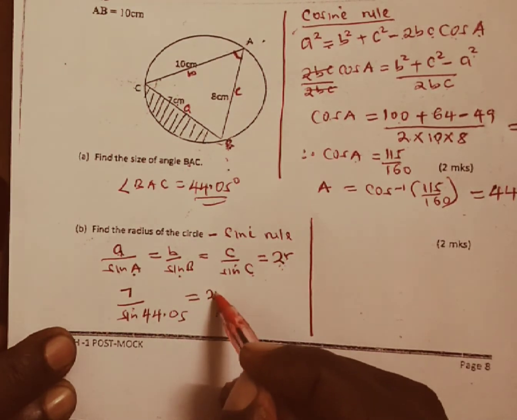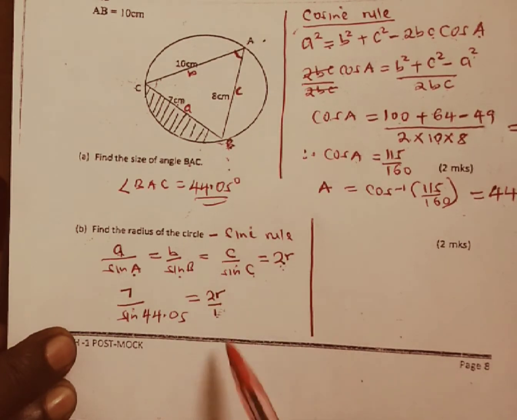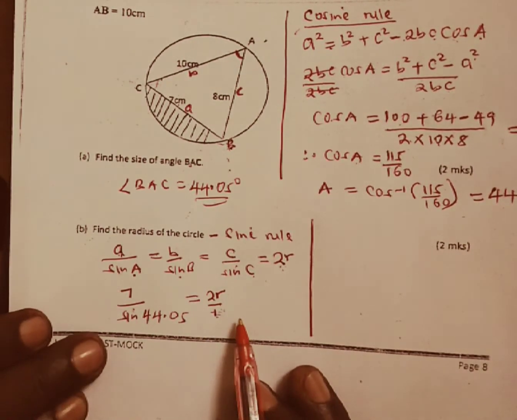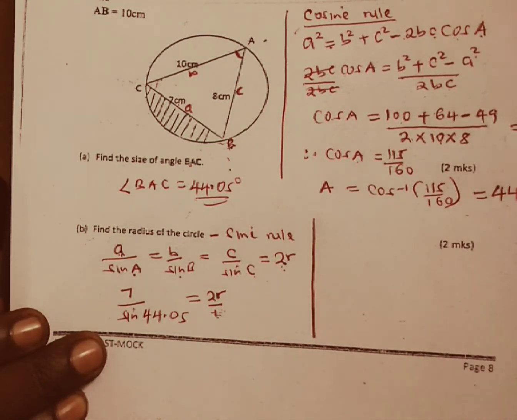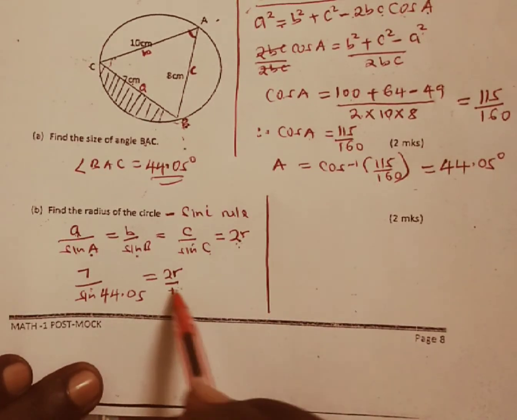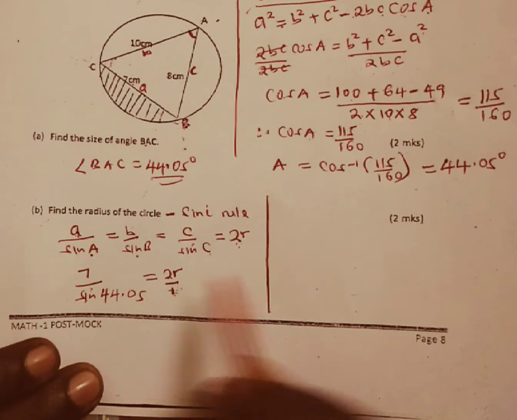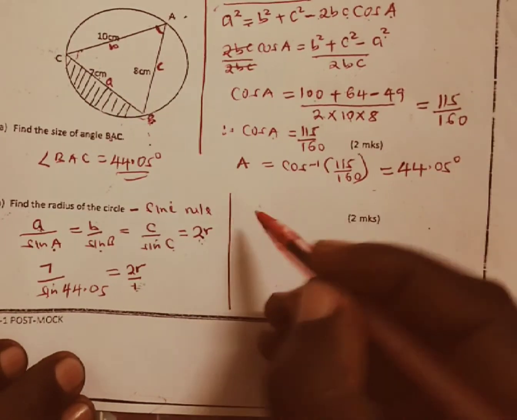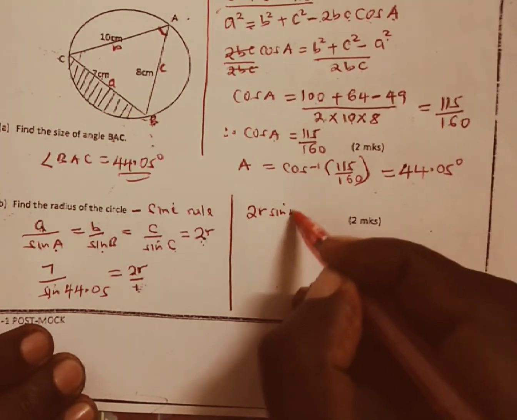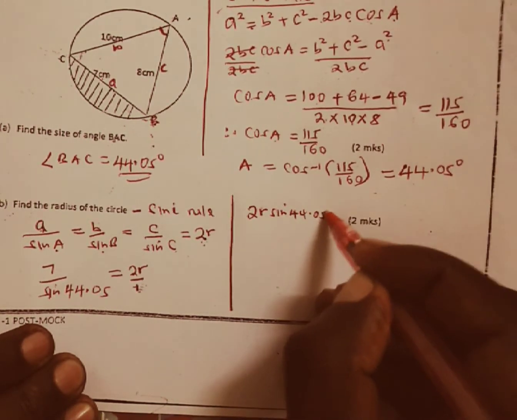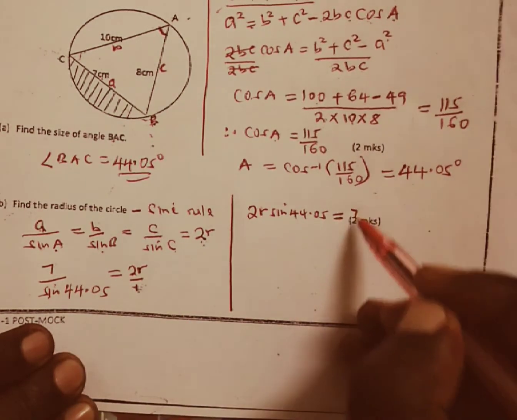If we put this over 1 and cross multiply, we have 2r times the sine of 44.05 equal to 1 times 7, which is 7.